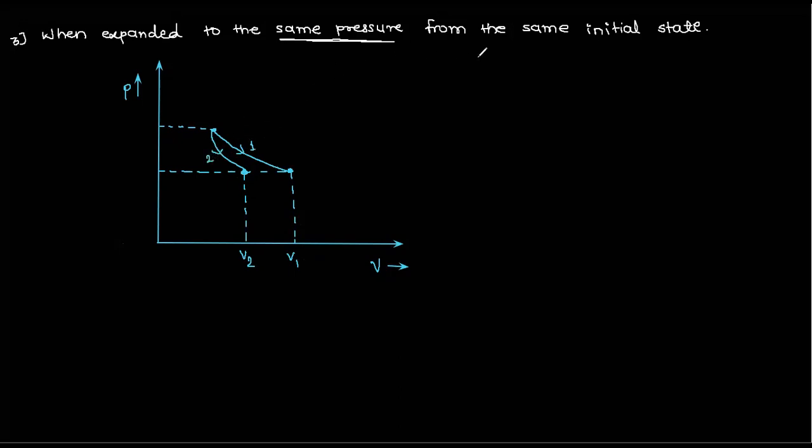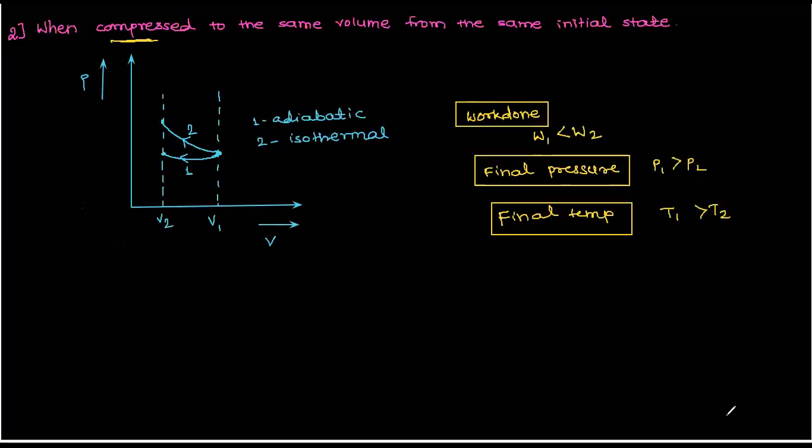So what is the case now? Same pressure from the same initial state. So this P2 is same in both cases. In the previous case, you see, like this case, same volume was there in both cases, final volume. Yes, compressed to the same volume. So this V2 is same for both processes.